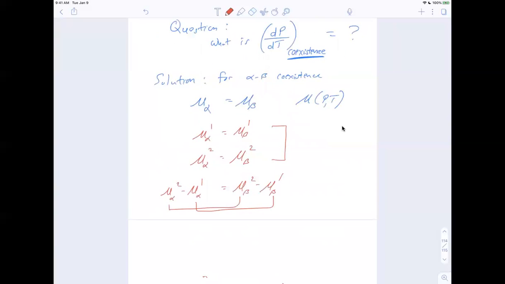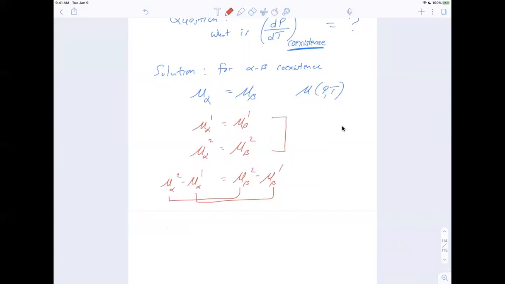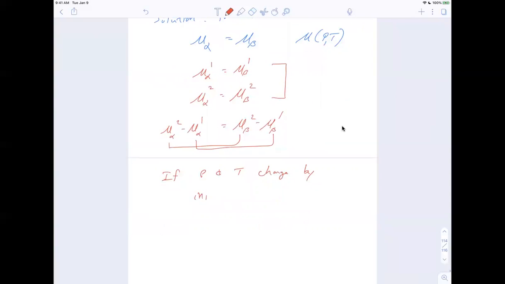Okay. Now, if P and T change by infinitesimal amounts, dP and dT, then mu alpha and mu beta change by d mu alpha and d mu beta.